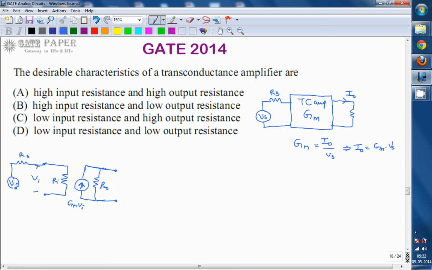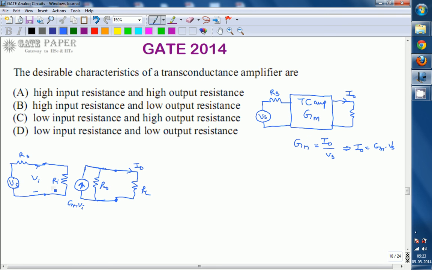So this is Vs and Rs, and it is connected to a load RL. From this, what interests us is the current flowing through the load, I0, and I0 has to be equal to GM times Vs.